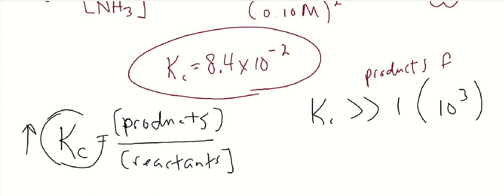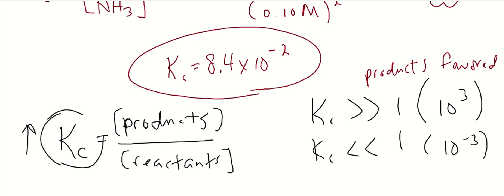Products favored. And if the Kc is much less than 1, like 10 to the negative 3, then reactants are favored.